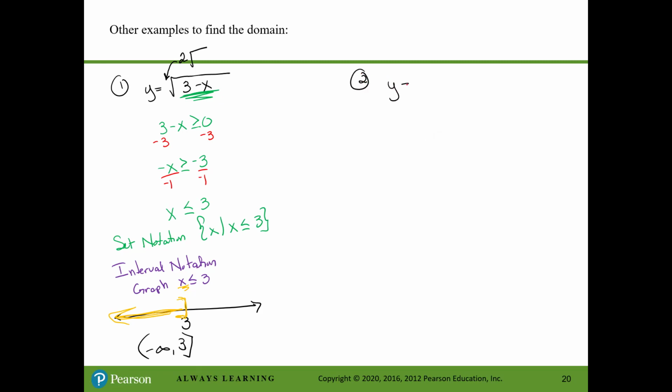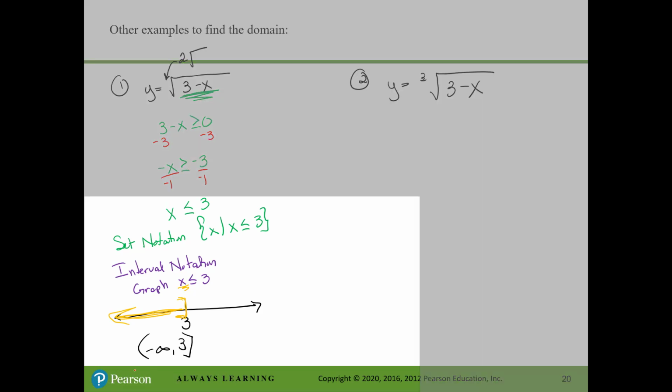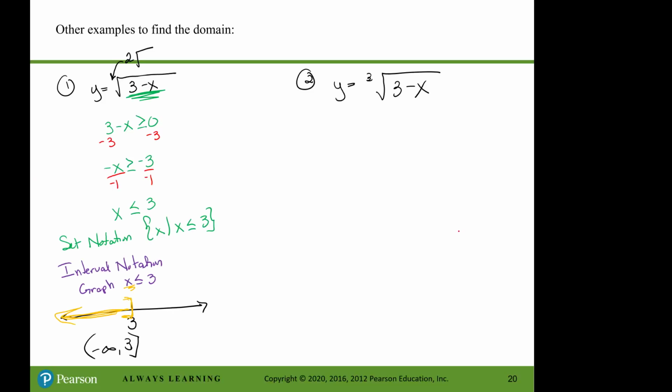What happens if I was looking for the cubed root? I wanted the domain of the cubed root of the same exact number, 3 minus x. So, with a cubed root, can I take the cubed root of any number I want?